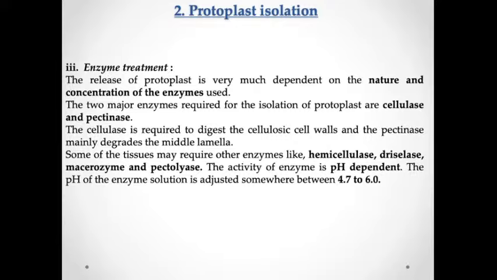Some tissues may require other enzymes like hemicellulase, driselase, macerozyme, and pectolyase also. The enzyme activity is pH dependent, and most of them are adjusted somewhere between 4.7 and 6 pH.